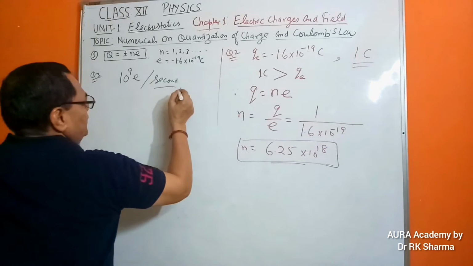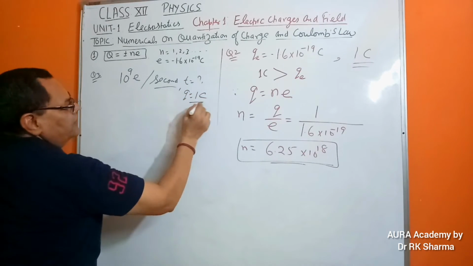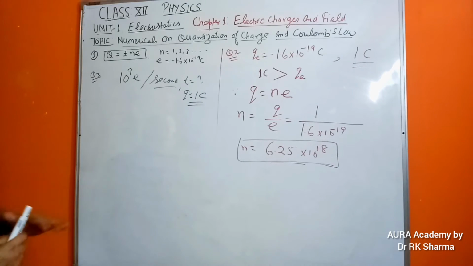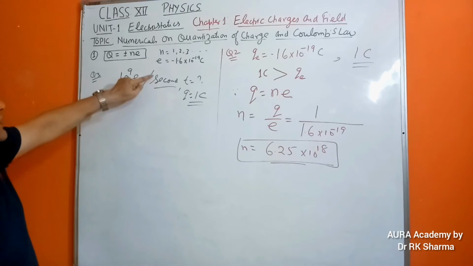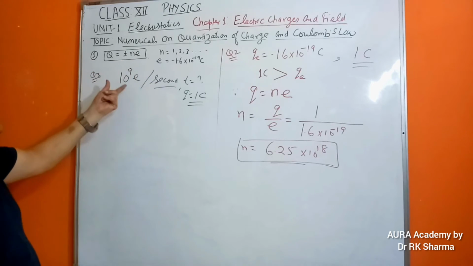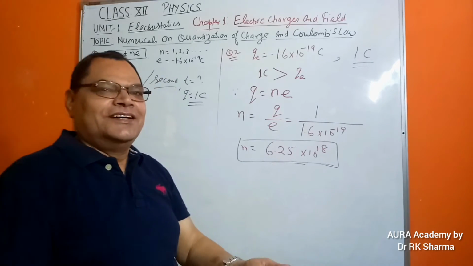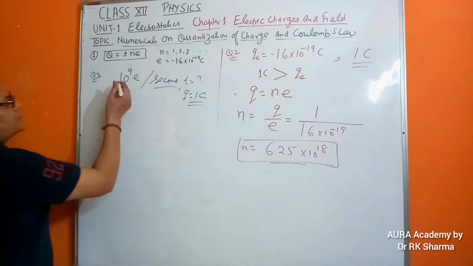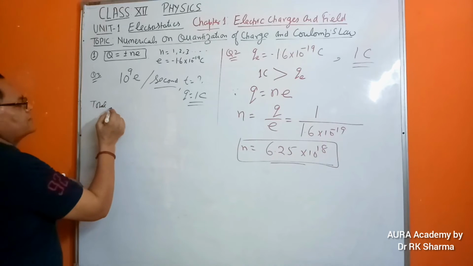So we have to find the time to release a charge of 1 coulomb. Think. These many electrons are transferred per second. Once the number of electrons is known to us, we can find how much charge is transferred per second, because Q is equal to Ne. So the solution will be like this.